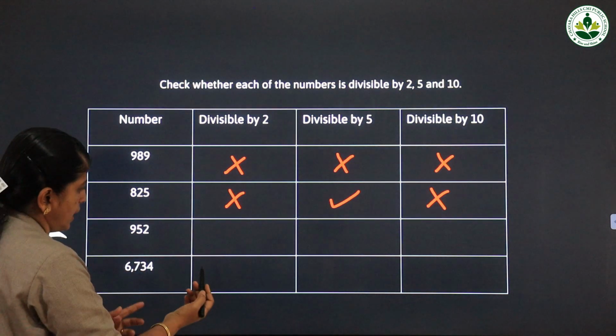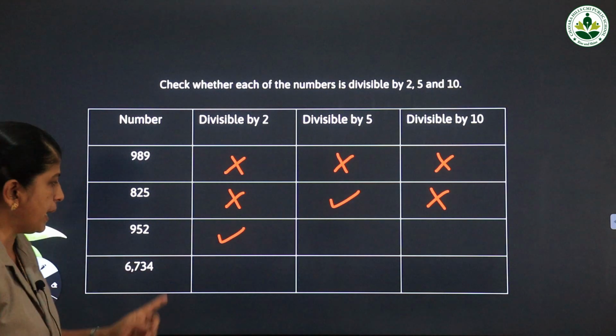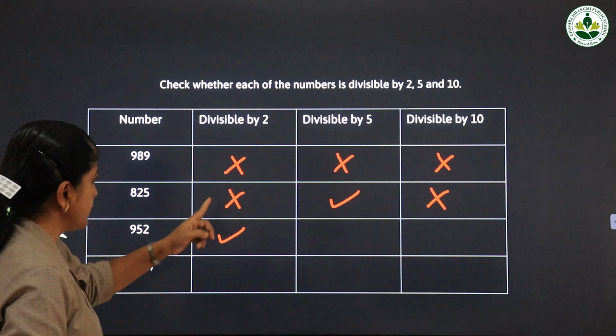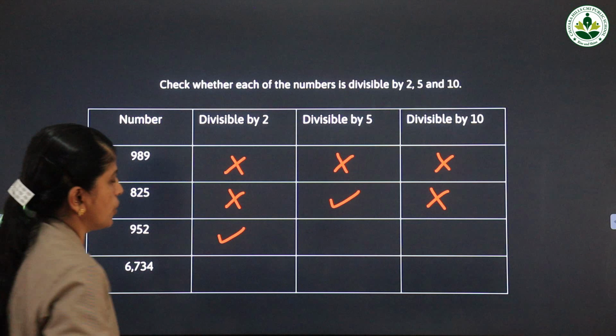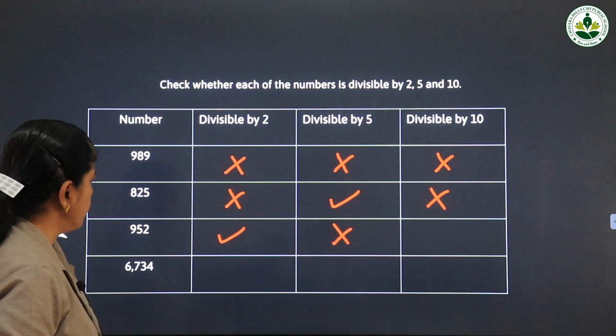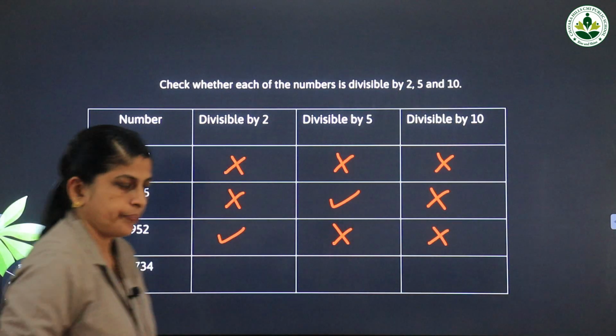Therefore, by using the divisibility rule, we can say that the number is divisible by 2. And we can check whether it is divisible by 5. Ones place digit is 2. It is not 0 or 5. Therefore, it is not divisible by 5. And it is not divisible by 10 also.